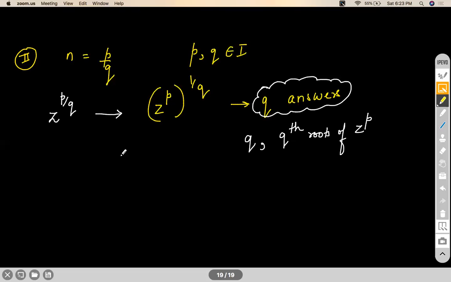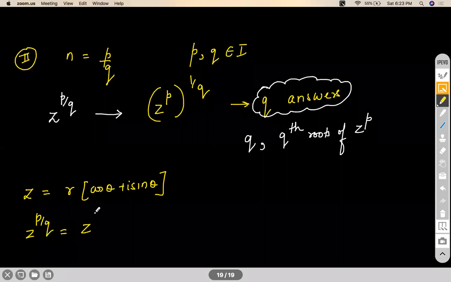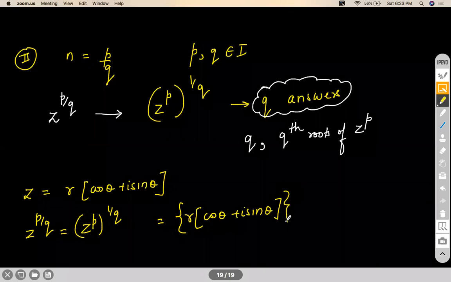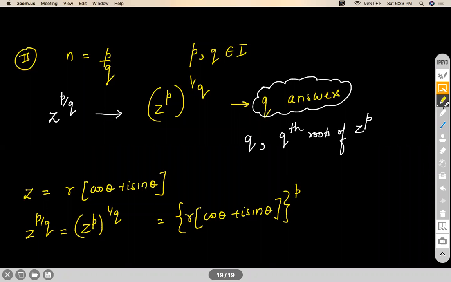Now, taking a clue from this, let's say your complex number was r (cos theta + i sin theta), and you raise it to a power of p by q. As we had mentioned, we can actually write it like this: r (cos theta + i sin theta) whole raised to the power of p, and then the whole thing raised to a power of 1 by q.